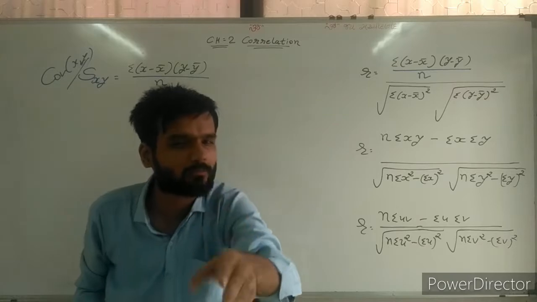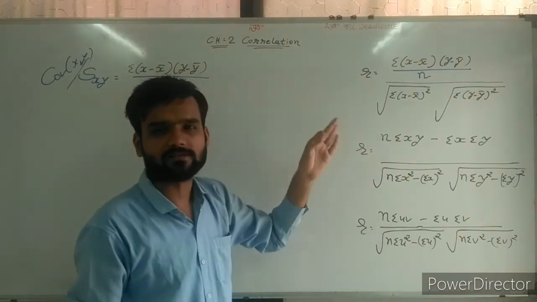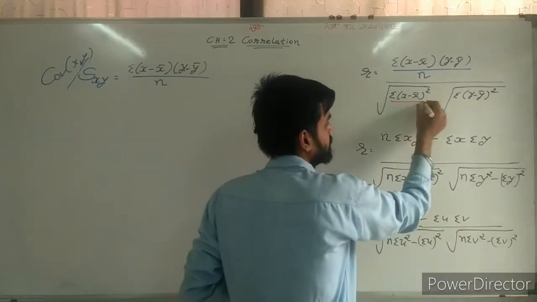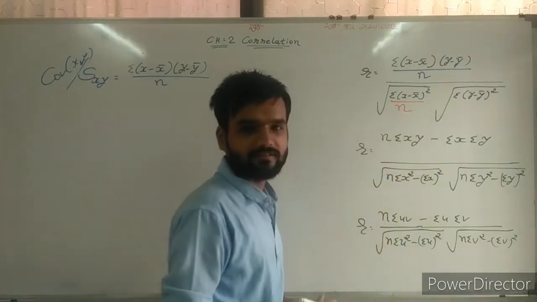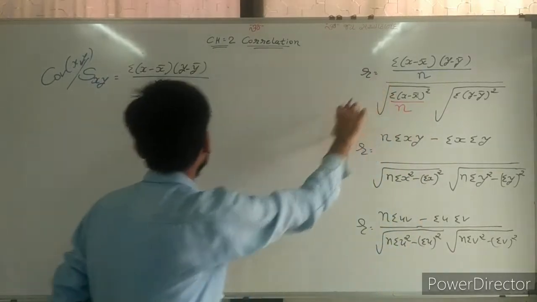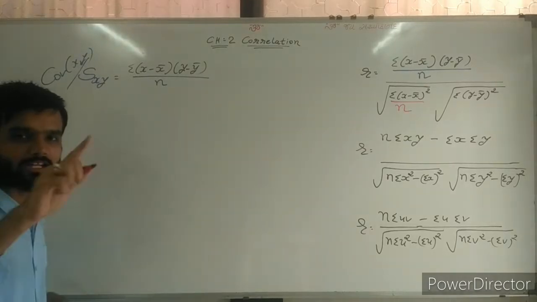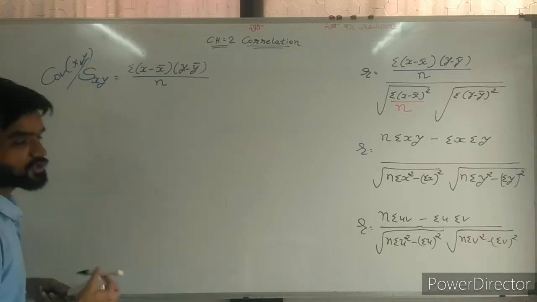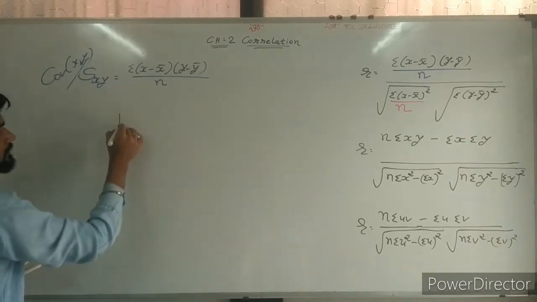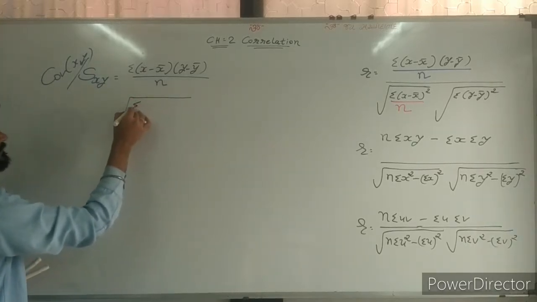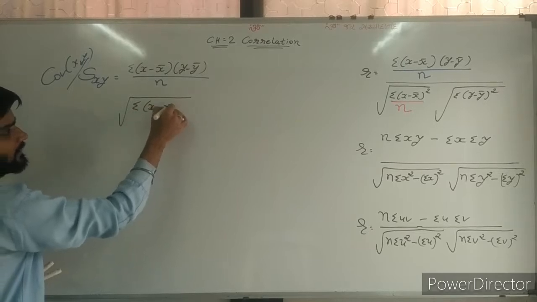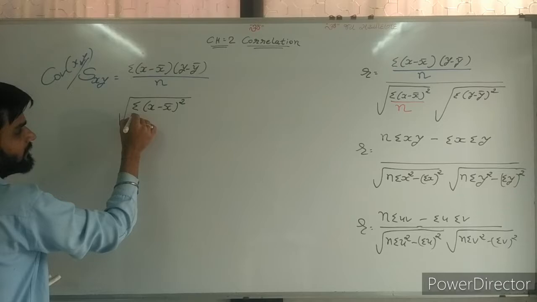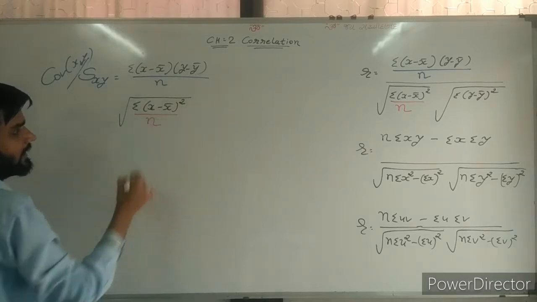In the same way, the other two formulas I can also make on this basis. Here also, divide by n. Write it separately here, and you will get the second formula. First of all, I am writing here root of sigma (x minus x bar) square divided by n.